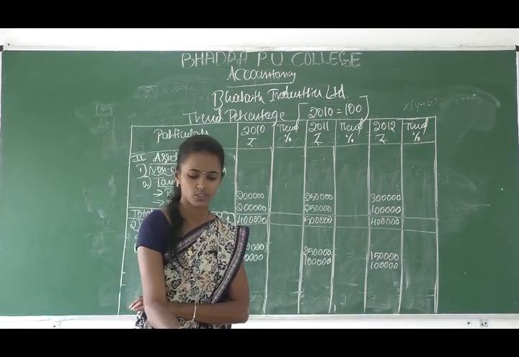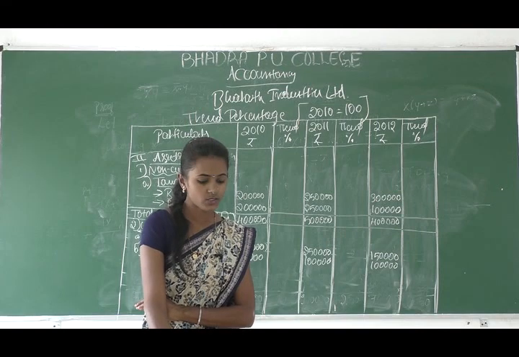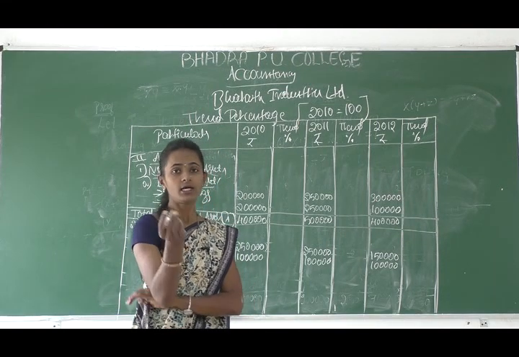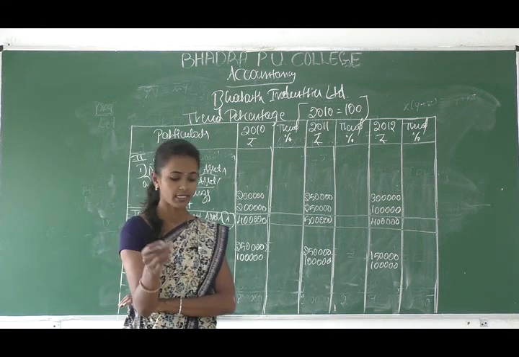Again go back to your question. So the next item is cash and cash equivalents. In the case of the format, your next item is cash and cash equivalents.